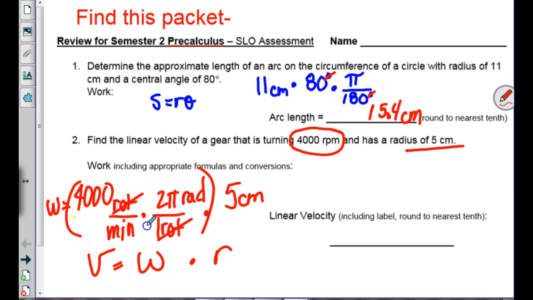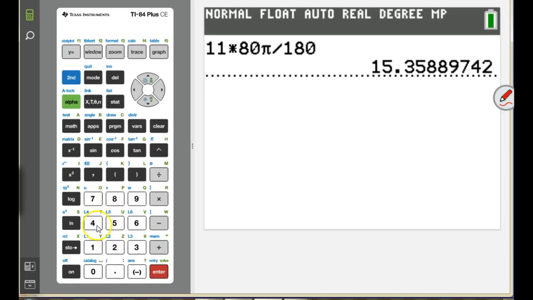And our label would be centimeters per minute because remember, it doesn't say we have to do any conversions, so centimeters per minute is fine. So we just need to type 4,000 times 2 pi times 5.